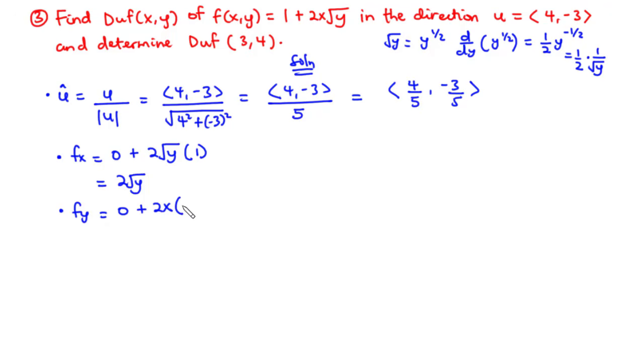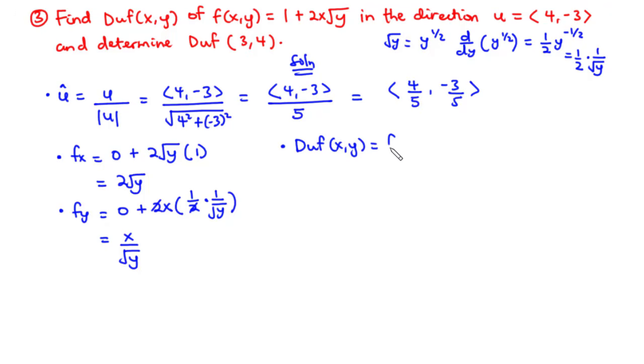We simplify this as 2 cancels out 2. We are left with x over root y. So that is fy.